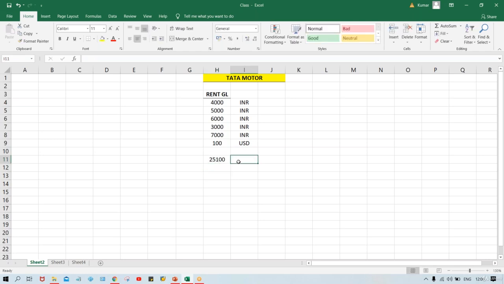But guys, this is not the correct figure. This is an incorrect figure. Why? Because these amounts are in one currency and this amount is in a different currency. The value of US currency is bigger than Indian currency, right?